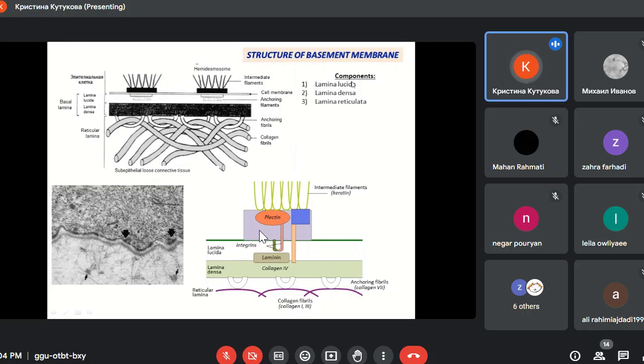And now the components of these layers of basement membrane are those. So lamina lucida is just below the cell membrane. The cell membrane in this picture is this green line, and below it we have lamina lucida.